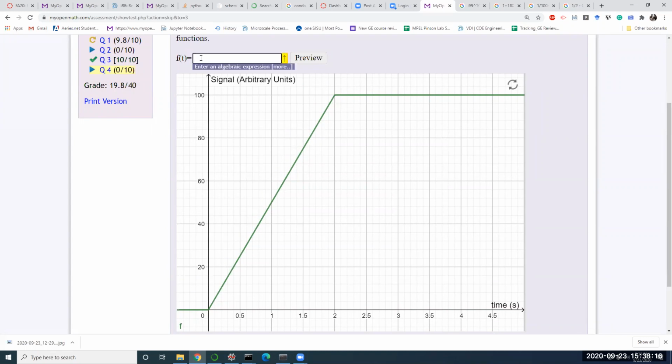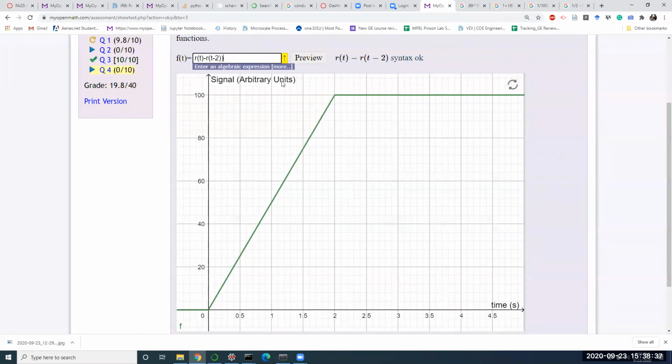So I'm going to have an RT with a certain slope, and then another RT with the same slope, so the slopes cancel out, delayed by 2.